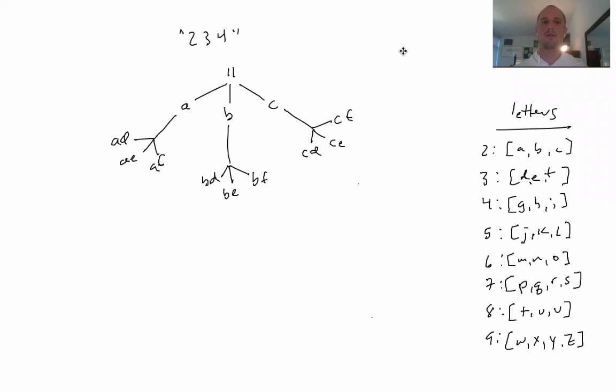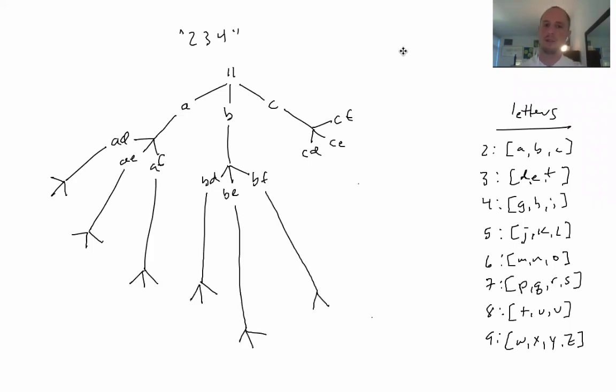And then we're going to move on to 4. For each one of our leaves on this tree structure that we're creating, we're going to create 3 more branches, and we'll go through the letters for 4.